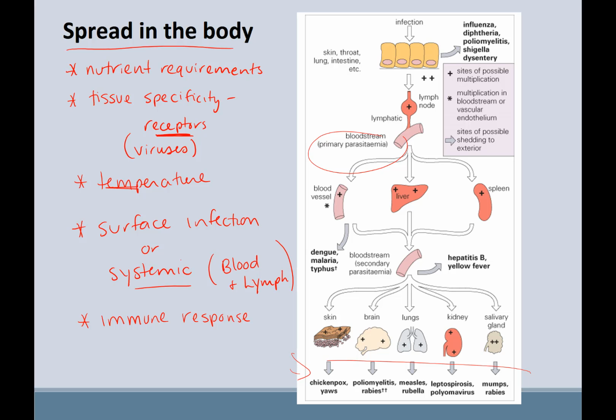Pretty much the way something is transmitted tells you about where it's going to spread in the body, right? Because it wants to go to the body parts where it can replicate, make more, and then get out.